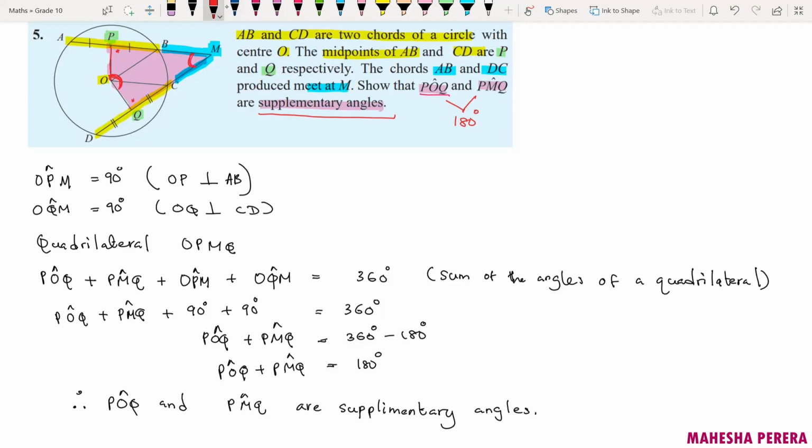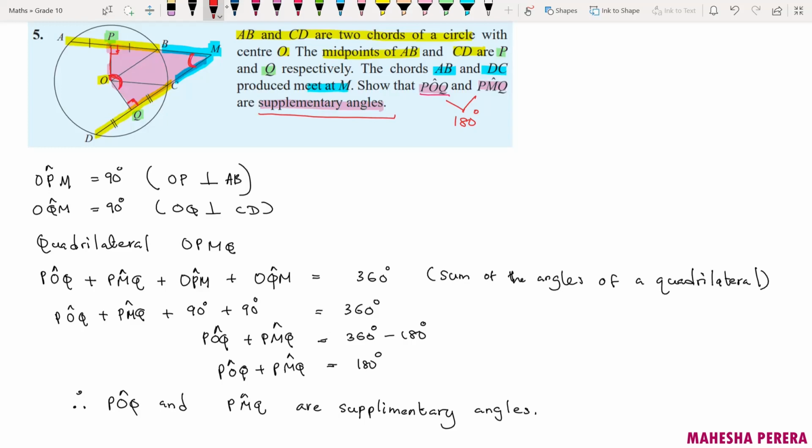OP is perpendicular to AB chord. So it should be 90 degrees here. And on the other side, OQ is perpendicular to chord CD, right? So here it should be 90 degrees, right?